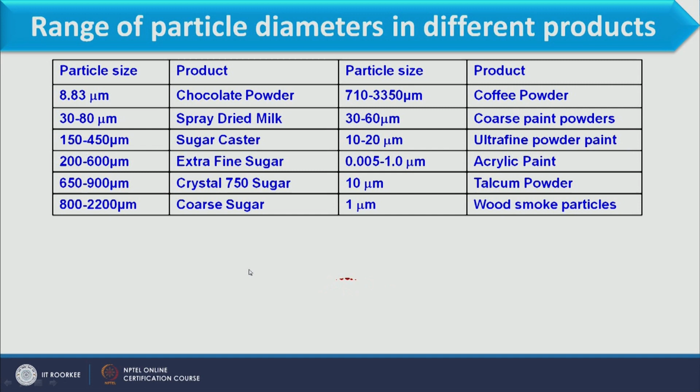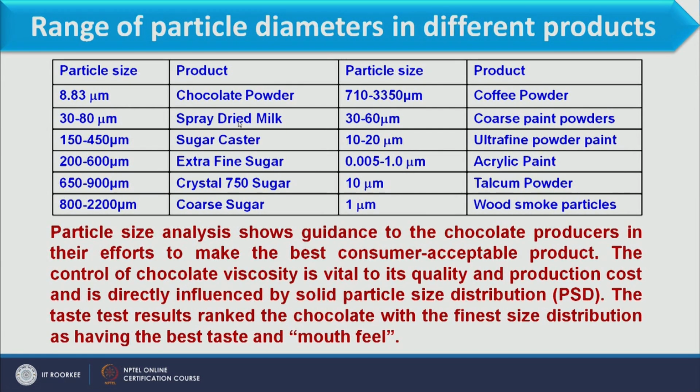Now, if you consider the particle size of chocolate powder, the taste of chocolate is affected by the particle size, as we have seen in the last slide. Now, why are we saying that? Because when we consider a smaller particle size, it basically controls the viscosity.